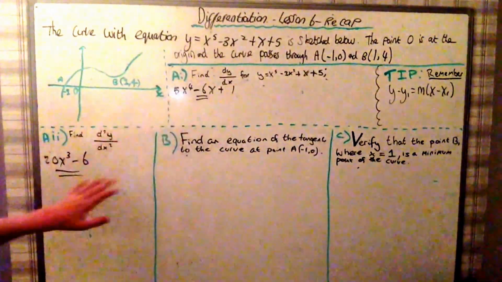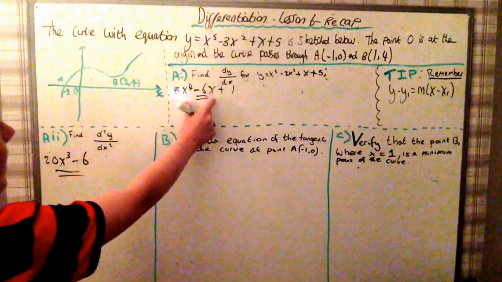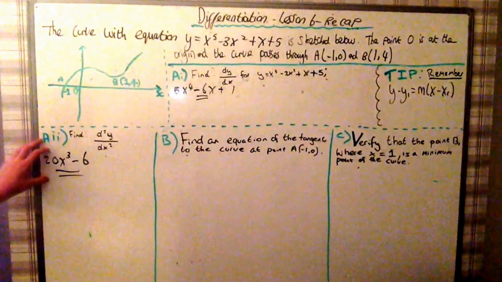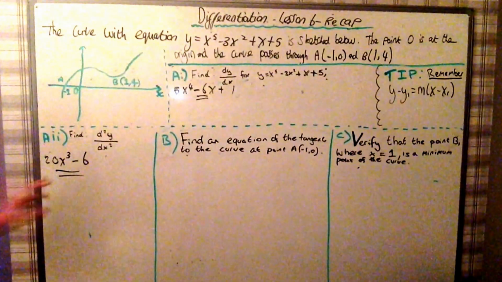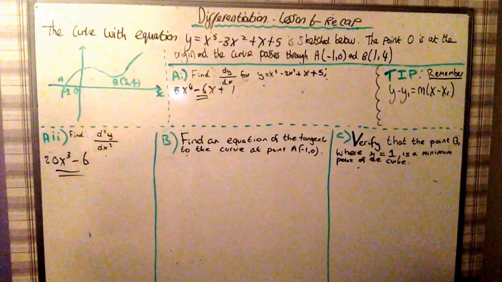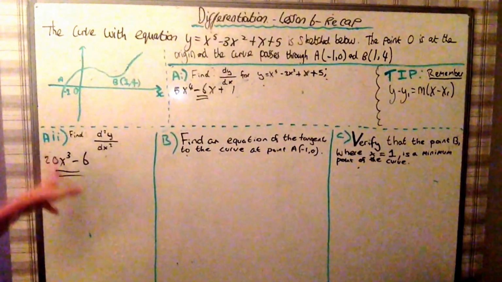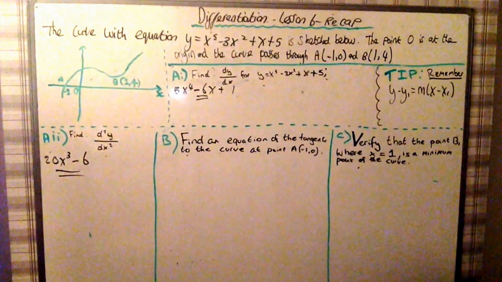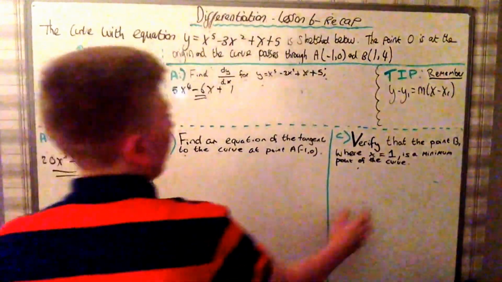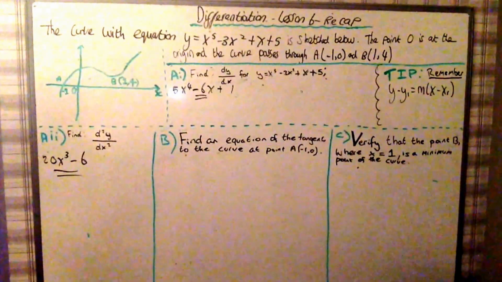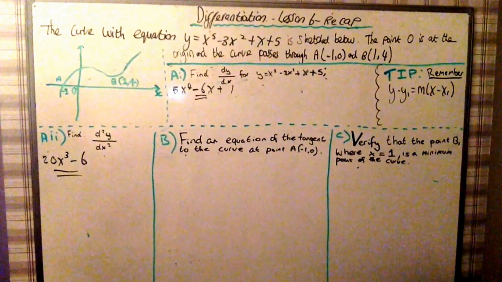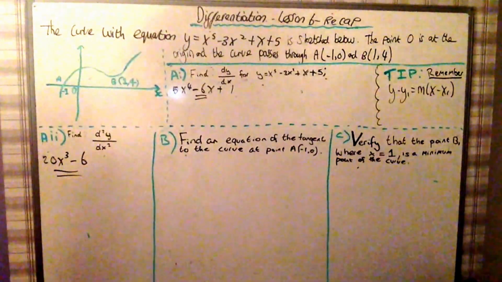For both of these it might be worth writing dy divided by dx equals for this one, and d squared y divided by dx squared equals for this one. But you will obtain full marks without writing that because, like I said, these are only 1 or 2 mark questions in an exam. These are the questions where you're going to be picking up 2 or 3 marks. So these are the serious questions we have to take our time with, and we have to go step by step when answering them.